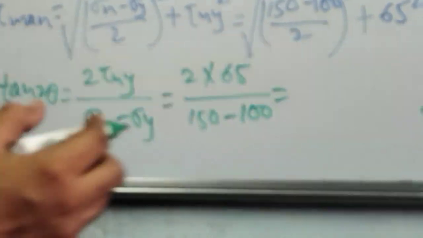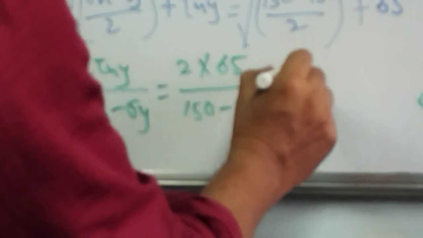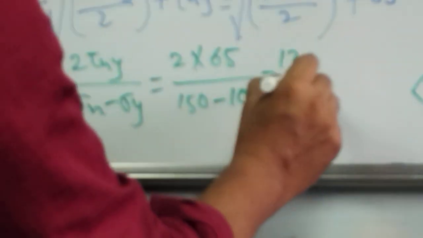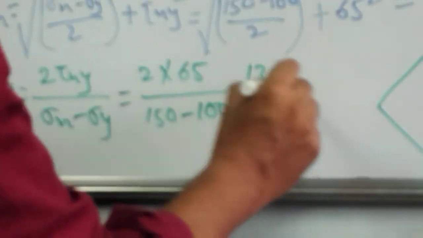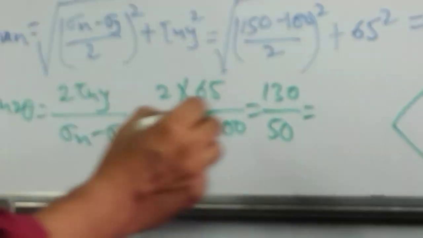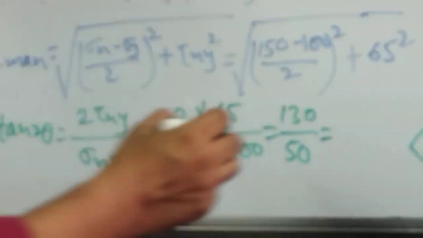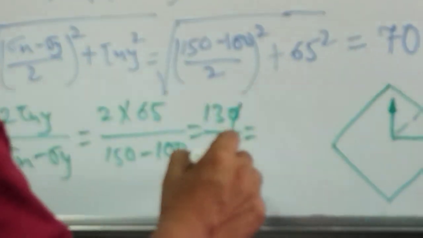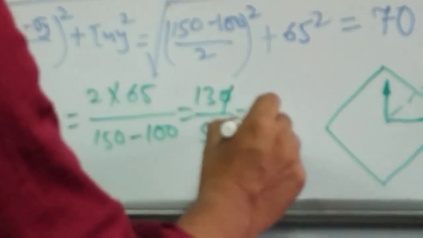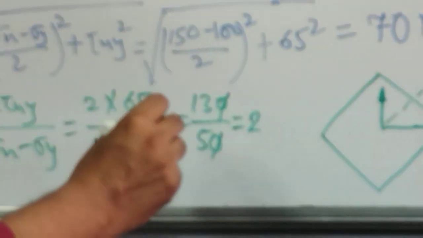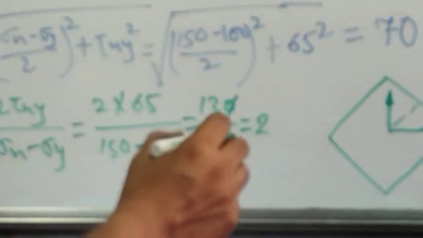Then we calculate 130 divided by 50, which is 13 by 5.